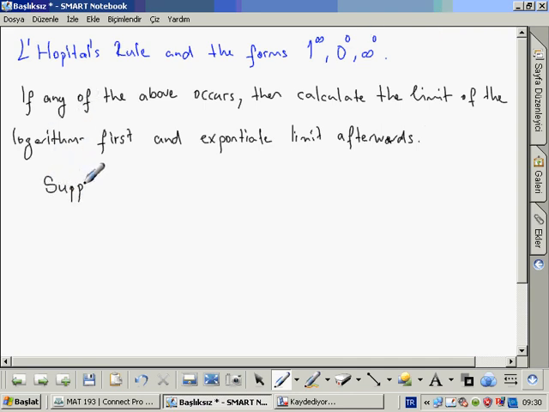Suppose that the limit as x approaches a of f of x equals 1 to the power of infinity, or 0 to the power of 0, or infinity to the 0.